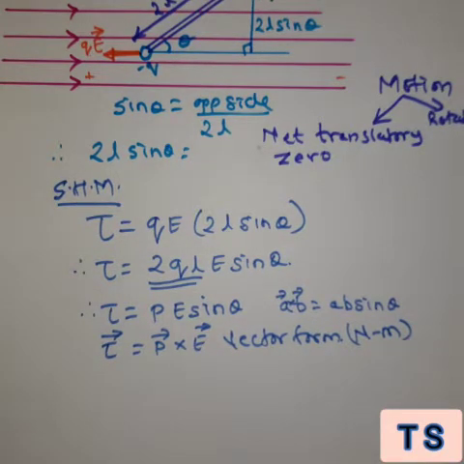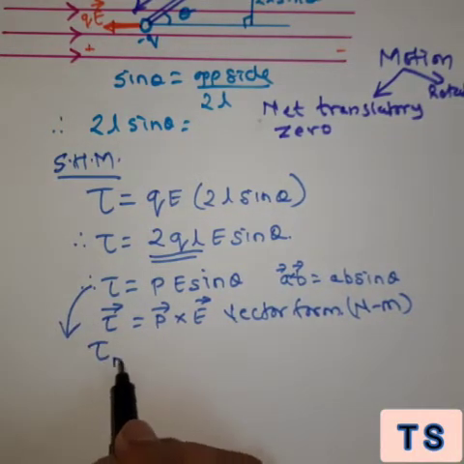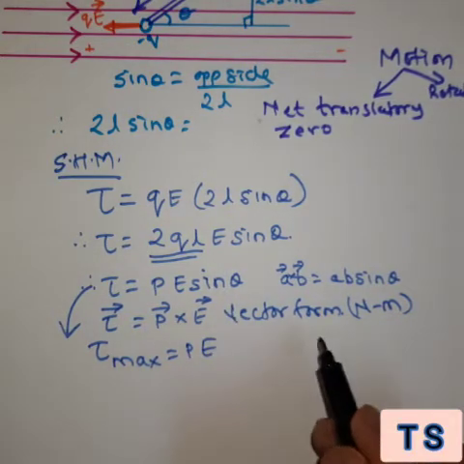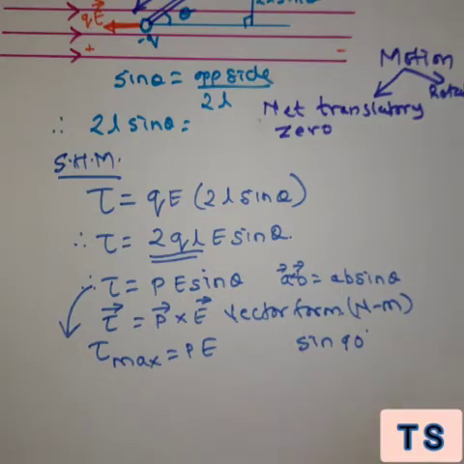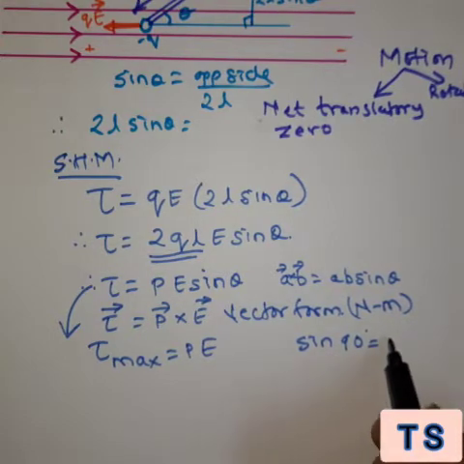If you apply the right hand screw rule, you will get the direction of the torque at each point. If I want to find the maximum torque acting on this, for maximum torque sine theta is equal to sine 90, which equals 1.